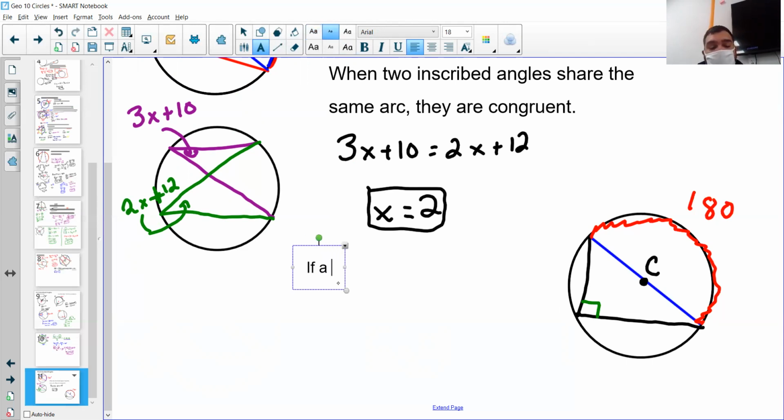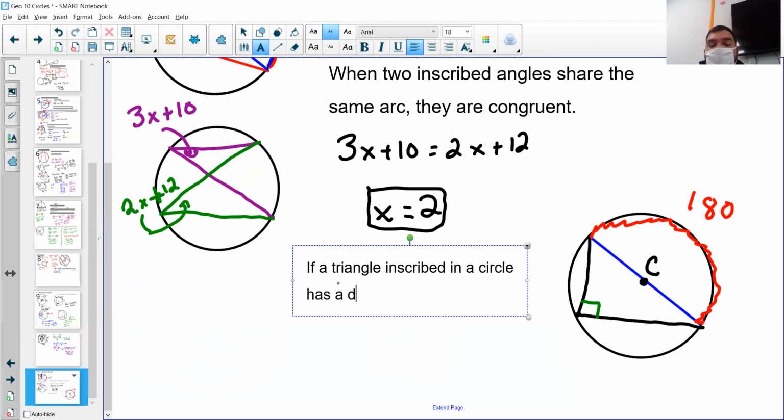If a triangle inscribed, so inscribed just means inside the circle that's touching the edges, in a circle has a diameter as a side, then it should be what every time, Joe? It's a right triangle.